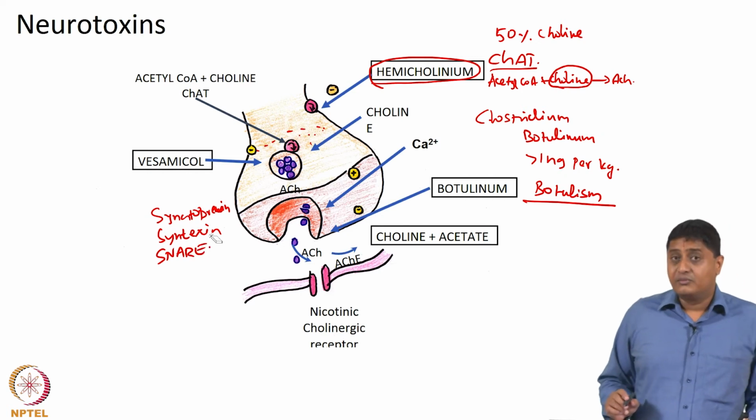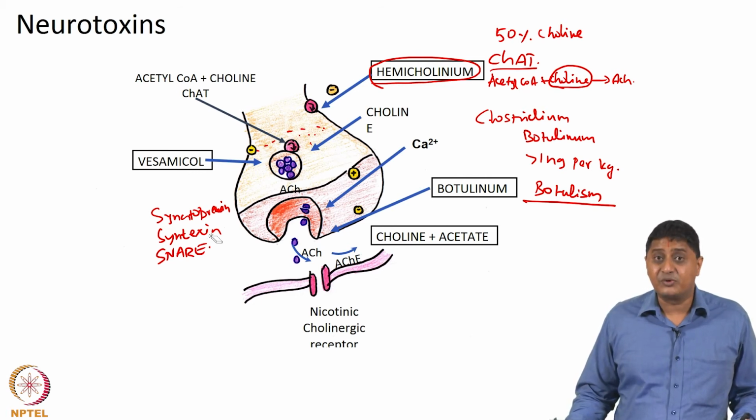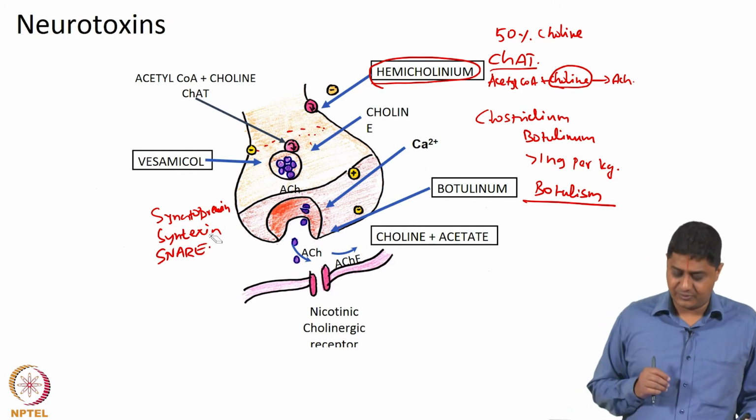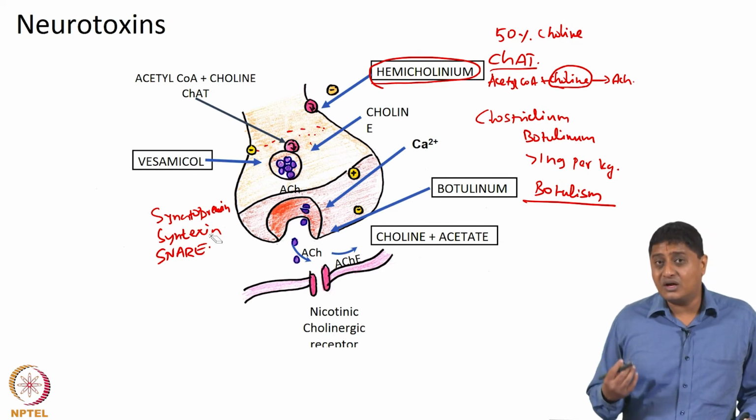Botulinum toxin prevents the ability of these snare proteins to interact. Basically, it cleaves the snare proteins. Then the vesicles can no longer fuse with the membrane and exocytose the acetylcholine.